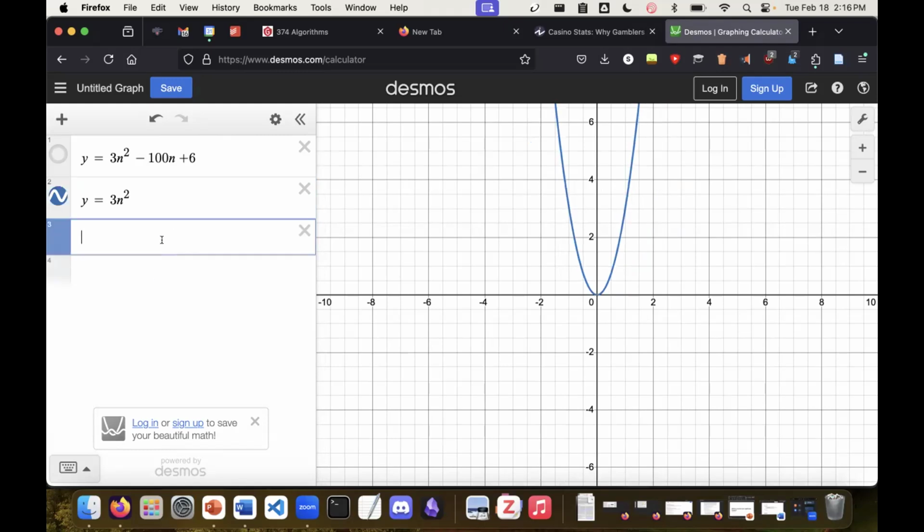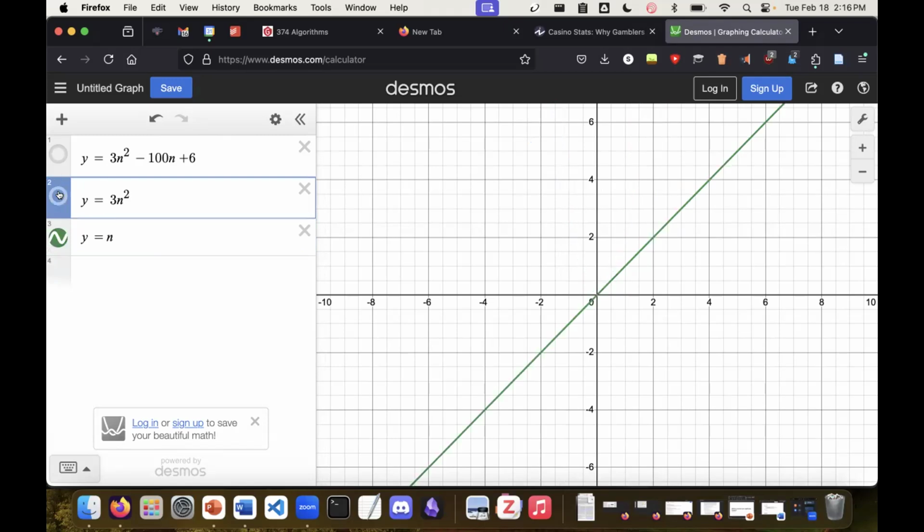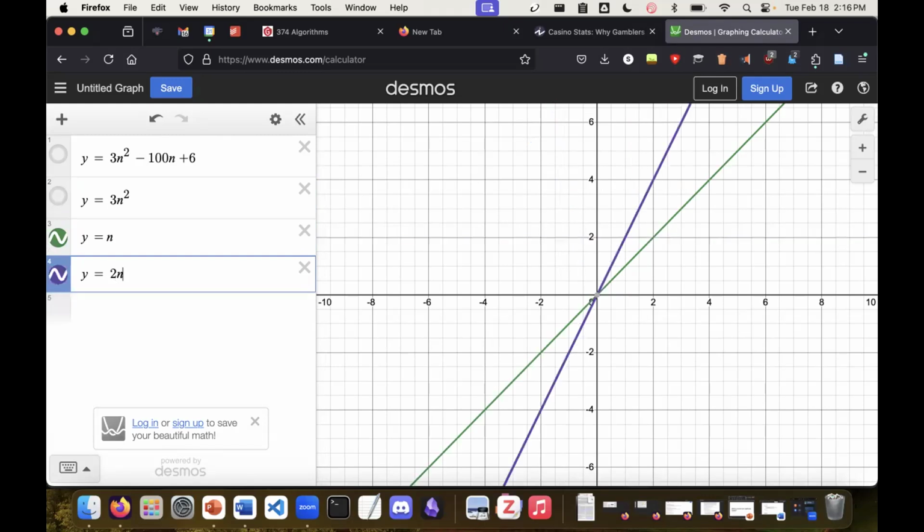Let's see if y equals, if we've got just a for loop that just goes for n, and we're trying to find the upper bound for this, y equals 2n is going to give us a bigger value for all values of n.